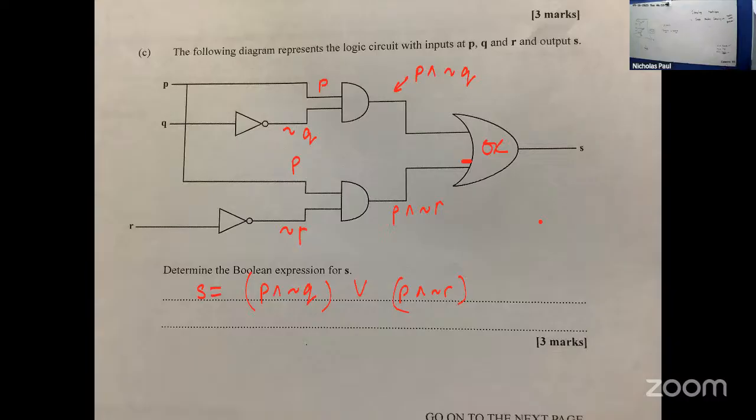Okay? That's the first one. Let's go again. So the second part is, isn't it Q and the negation of R?